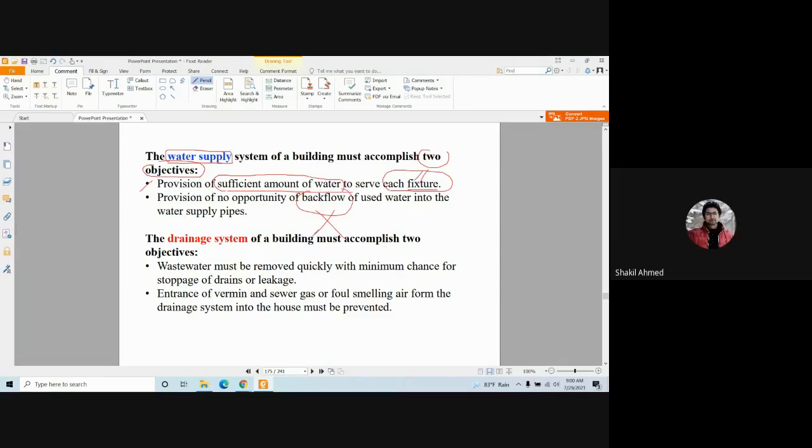The drainage system of a building must accomplish two objectives. Wastewater must be removed quickly, and entrance of vermin, that means insects, and sewer gas or foul-smelling air from the drainage system into the house must be prevented.